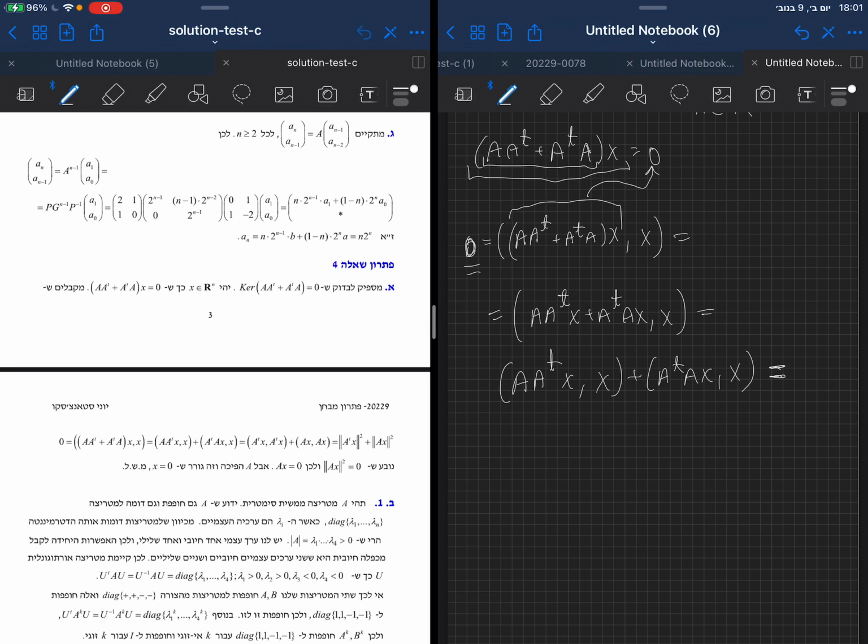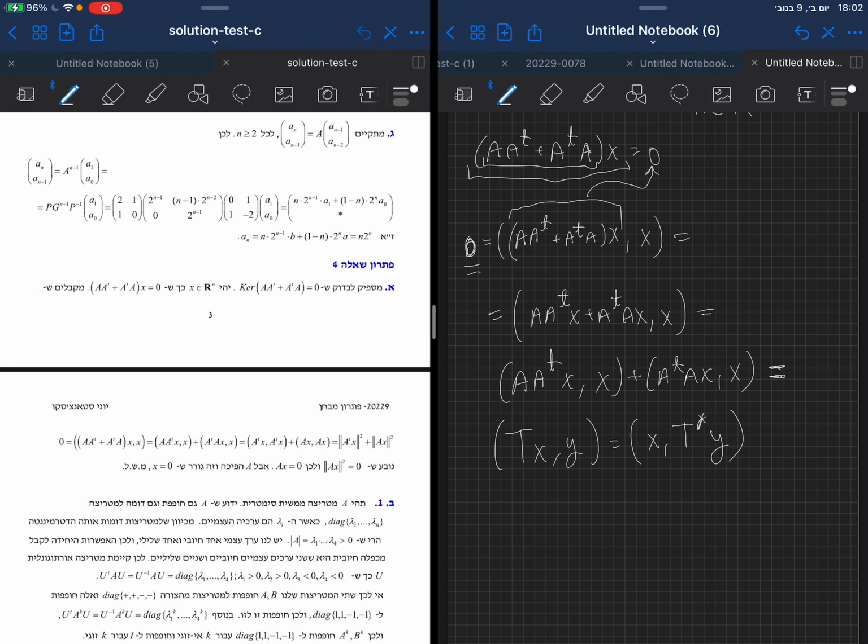What we can do now is look at the conjugate. If we have some transformation or some matrix T, then <Tx, y> equals <x, T conjugate transpose y>.